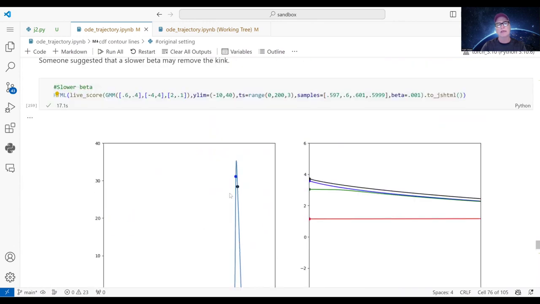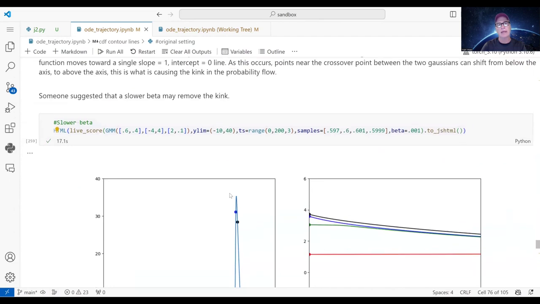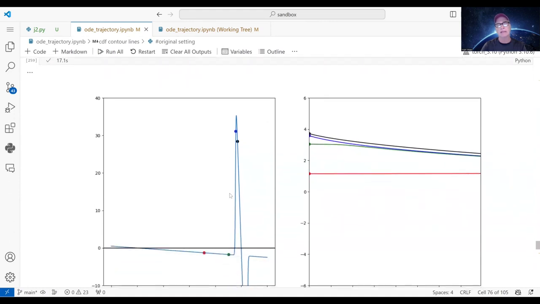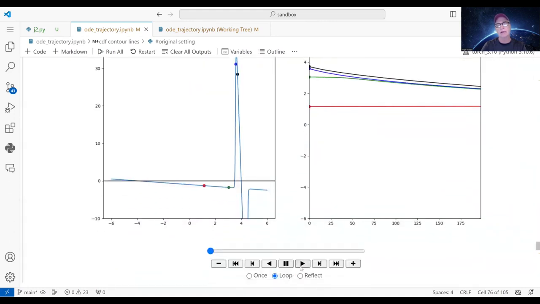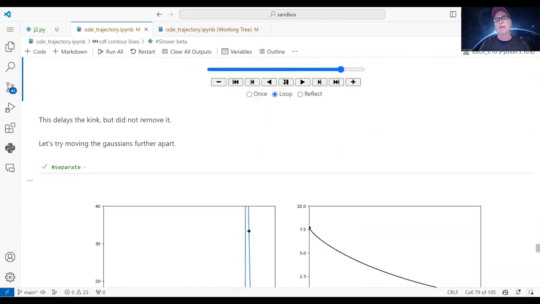Somebody had suggested trying to decrease the beta. I think that might have been Janeth, but that actually doesn't prevent the kink. It does slow it down, delays it a little bit, but you can still see those lines jumping from below 0 to above 0. So it still has a kink in it.